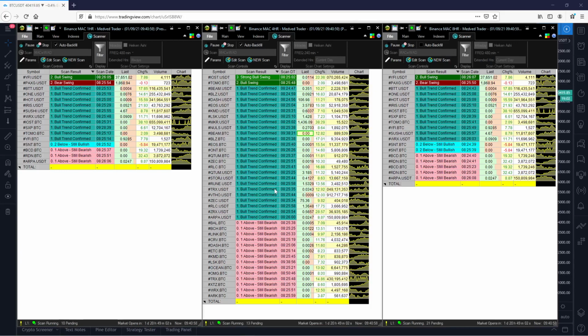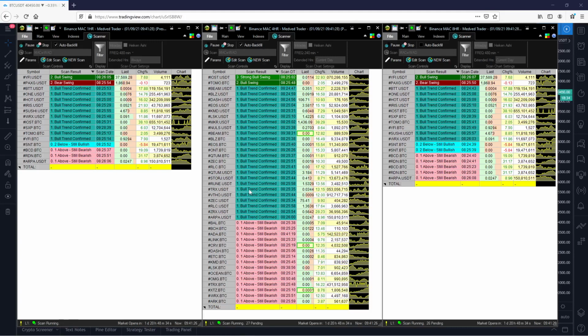And that's really what you want to look for when you're trading. You want different signals confirming the same thing. So that's one way that the bull trend confirmed could be used to enter into a trade, because this is a trend signal that would be matched to a price action based signal or some other different oscillator or whatever.